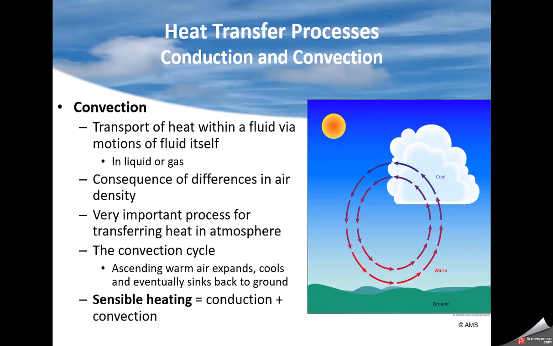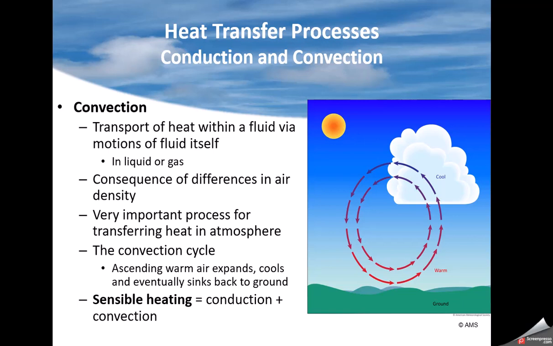Convection is a process that occurs in the atmosphere and any other liquid. You ever watch water boil and you see these little bubbles come up in it? That's convection. It occurs in gases and any other liquid, so the fluid basically. And what it is, think about it, the earth heats the ground, the air below.